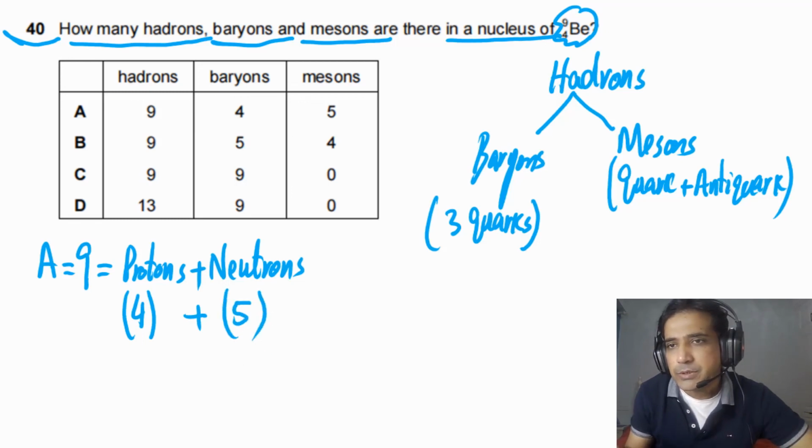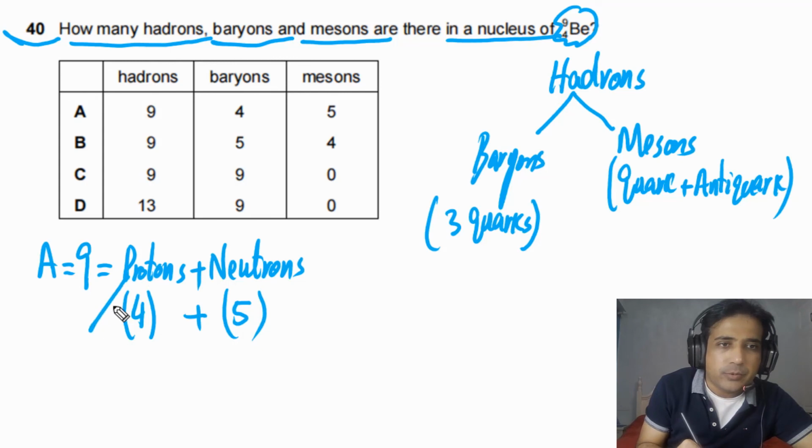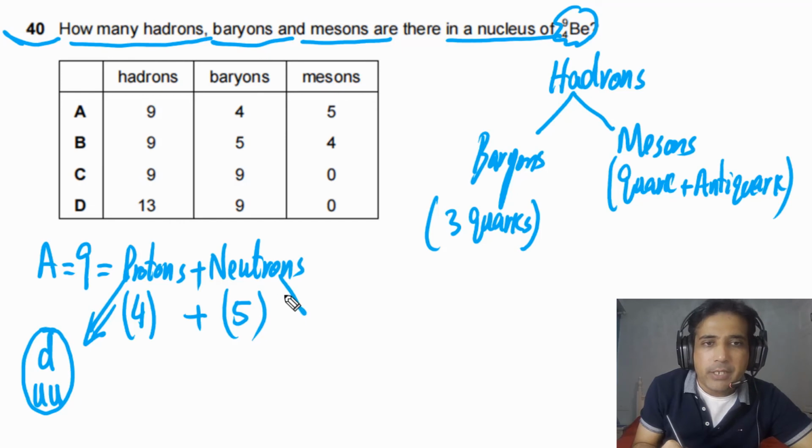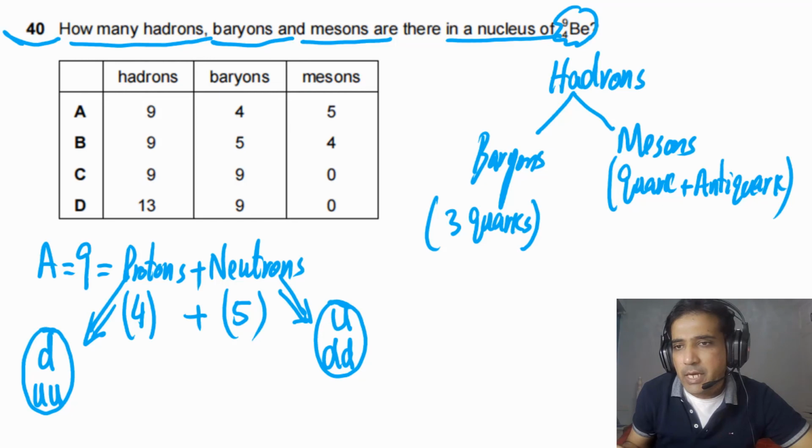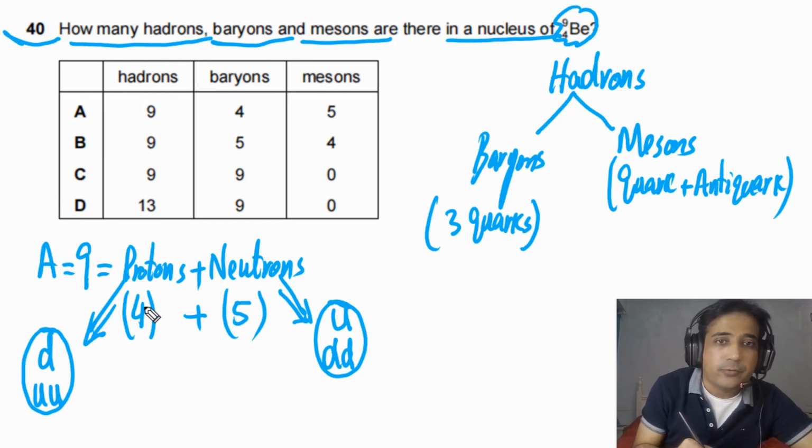Now we need to understand that a proton consists of 1 down quark and 2 up quarks. This is the composition of a proton. And a neutron consists of 1 up quark and 2 down quarks. So proton and neutron consist of 3 quarks.